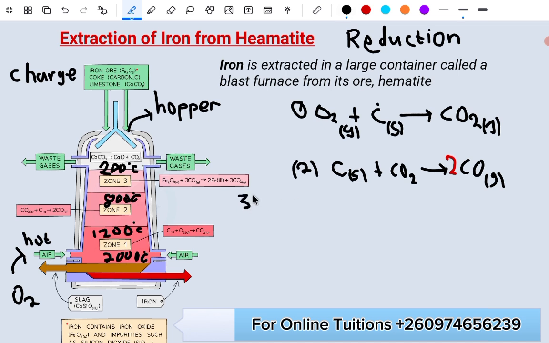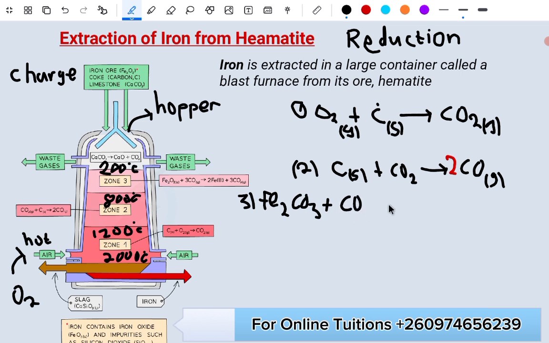is where hematite is now reduced, because we have the reducing agent now. I said hematite is Fe2O3, like this. It is now being reduced by carbon monoxide.